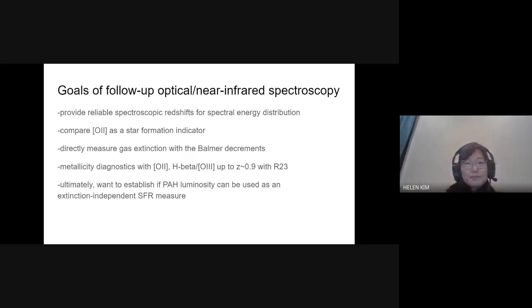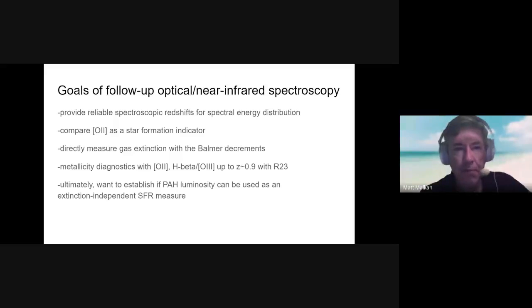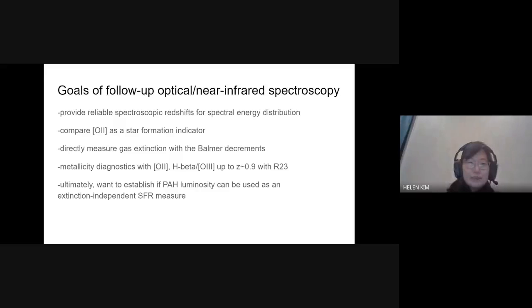And there are additional characteristics that optical to near-infrared spectroscopy can give us, such as using the O2 doublet as a star formation indicator. In addition, we can also measure the gas extinction with Balmer decrements.